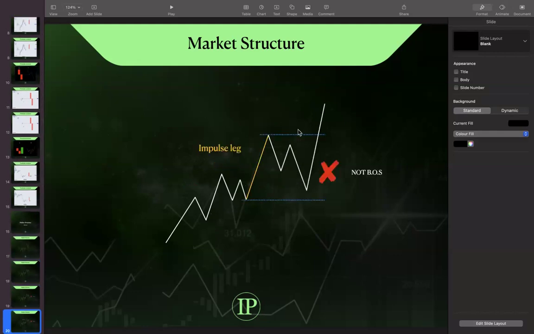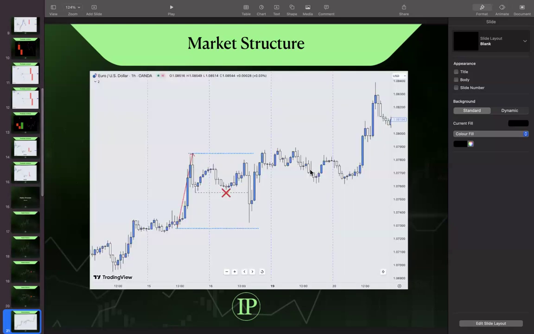So in this scenario over here, we basically had price create a new high, okay? And this was a strong bullish move to the upside with no interruption of bearish candles over there. So all the way up, anything between the low and the high of an impulse, a validated impulse, this is the pullback, okay? Anything between it is the pullback, right? So let's have a look at this example over here.